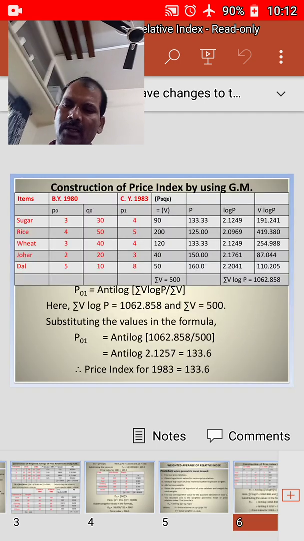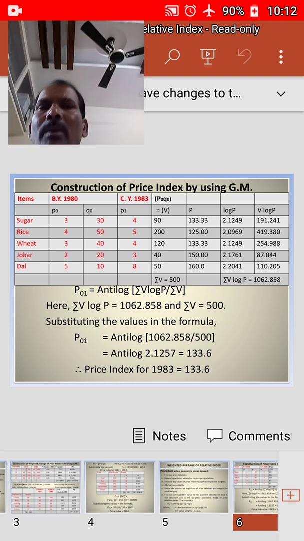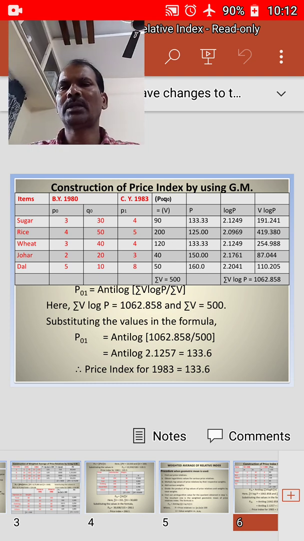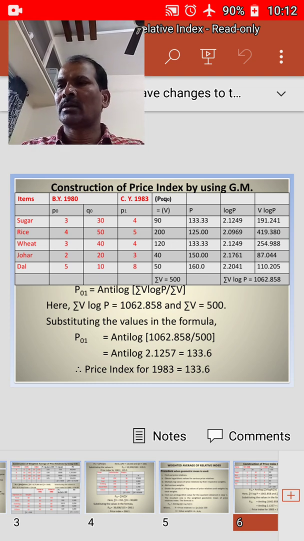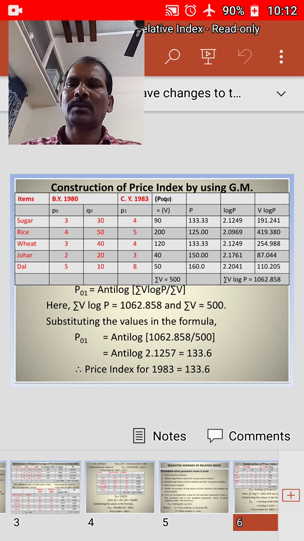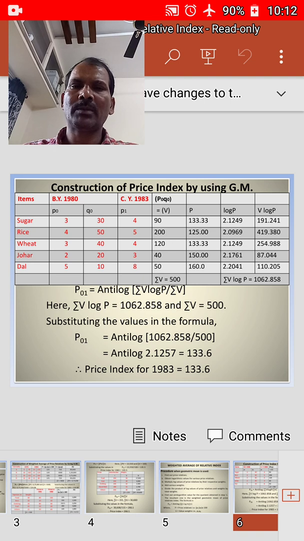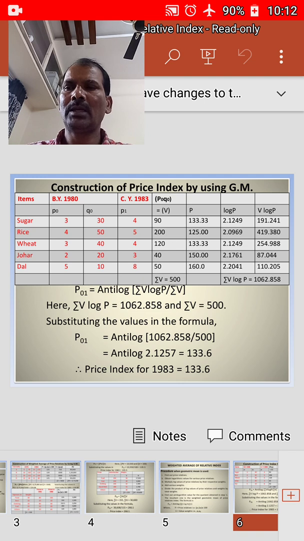Now, for better understanding, we will consider one problem here: compute the price index by weighted average of price relatives method using geometric mean. Items are given: sugar, rice, wheat, johar, dal. Base year is taken as 1980 and current year is 1983.